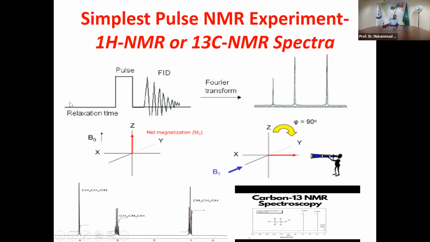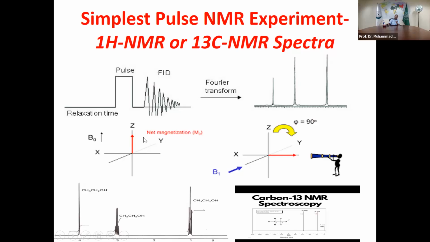So preparation means you're preparing. Preparing means that you are actually waiting till it becomes fully restored towards the longitudinal direction, and then you again give a pulse, you bring it to the XY plane, you turn on the detector, you get FID, you do Fourier transformation, and you get signal.